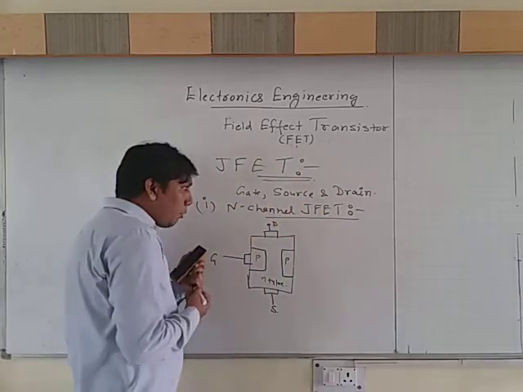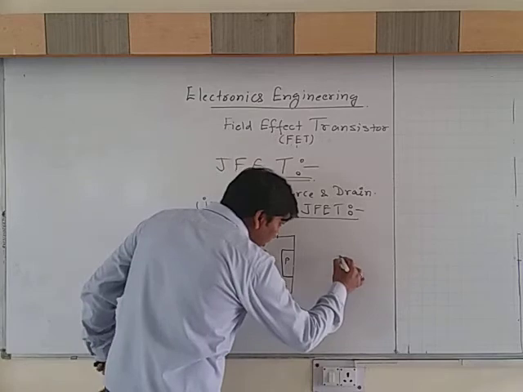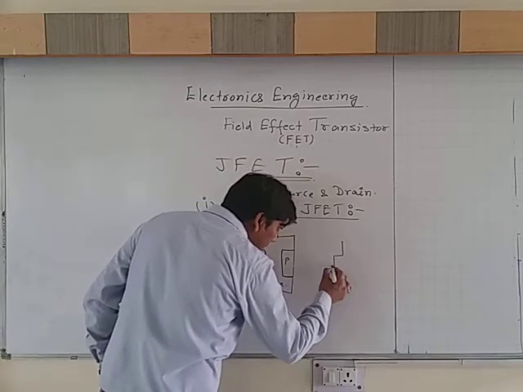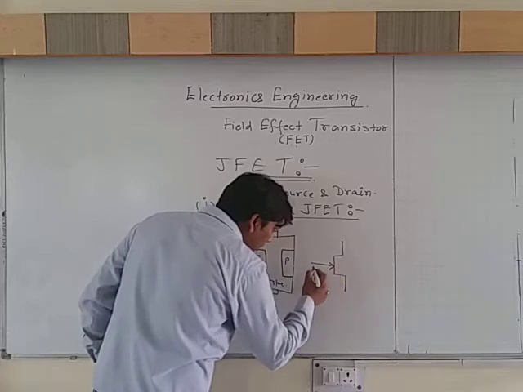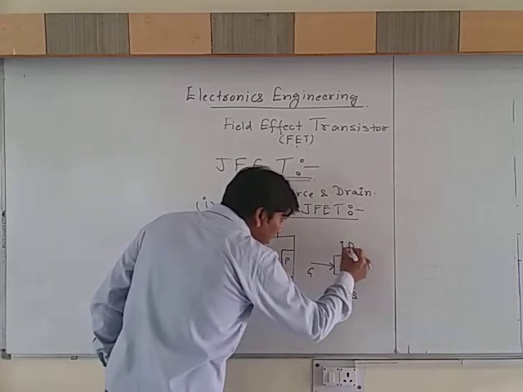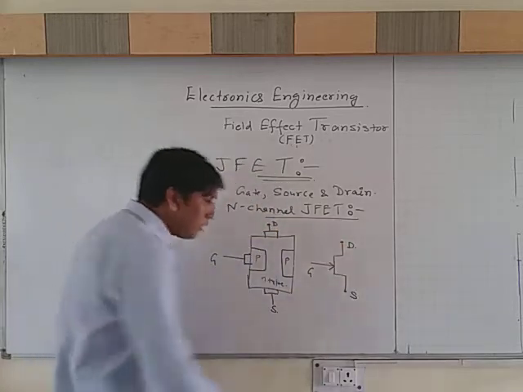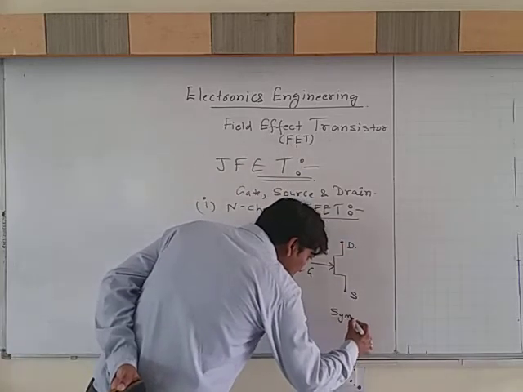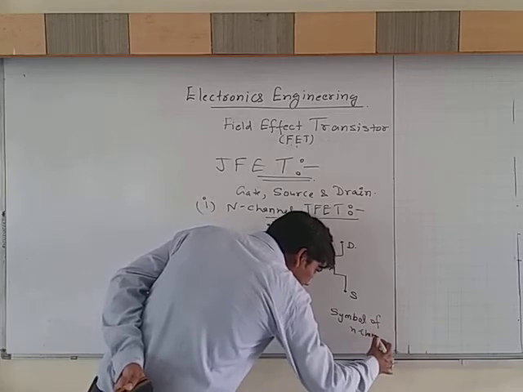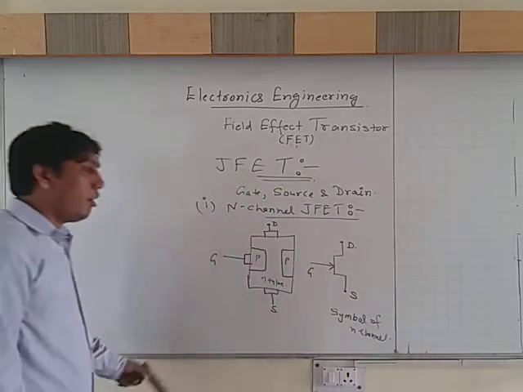The symbol diagram of JFET is like this. This is gate, it is source, and it is drain. This is the symbol of N channel JFET.